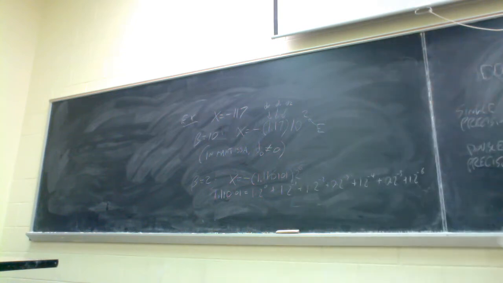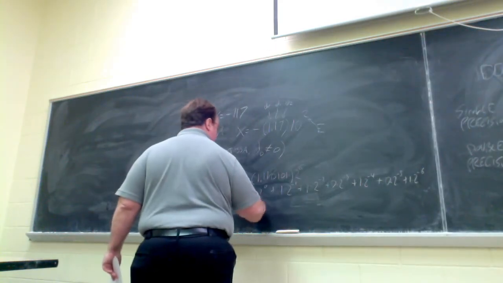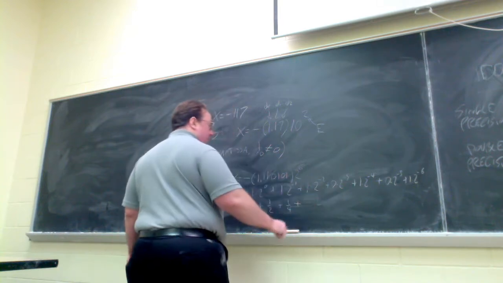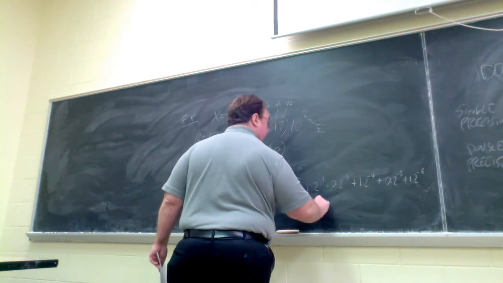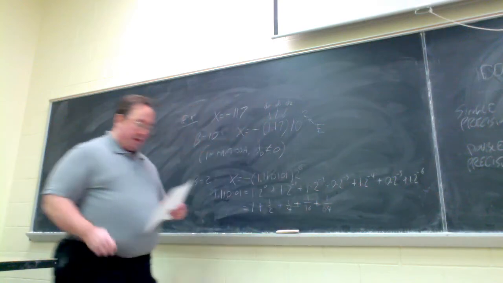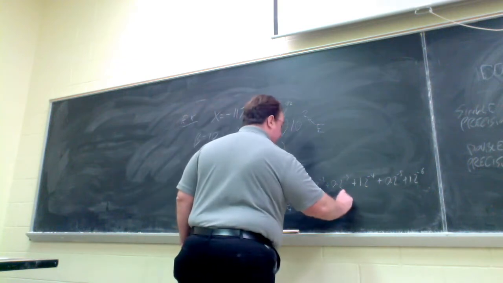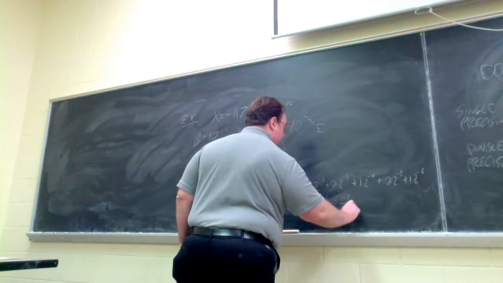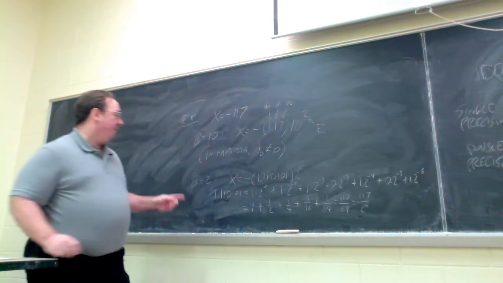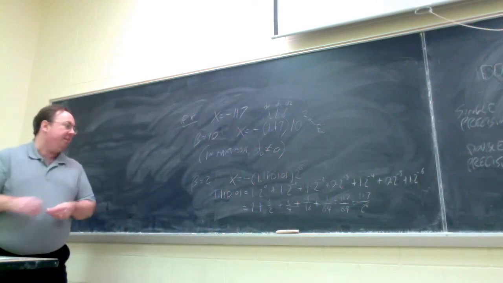Written as fractions, you have 1 plus a half plus a fourth, and you skip this one, plus a 16th, plus 1 over 64. With a common denominator you get 117 over 64, so that's 117 over 2 to the 6. Then you multiply by 2 to the 6, and you get 117.